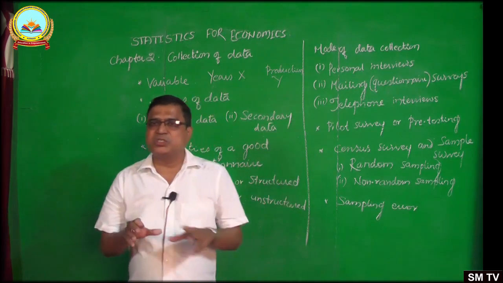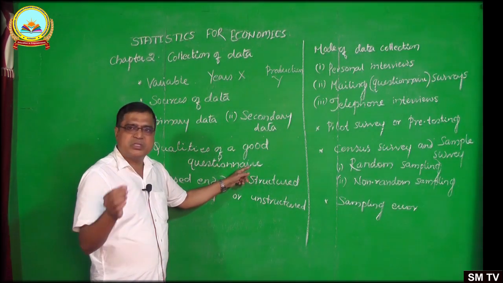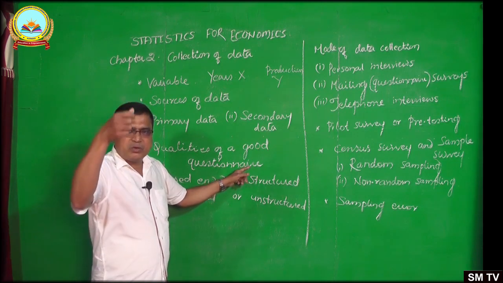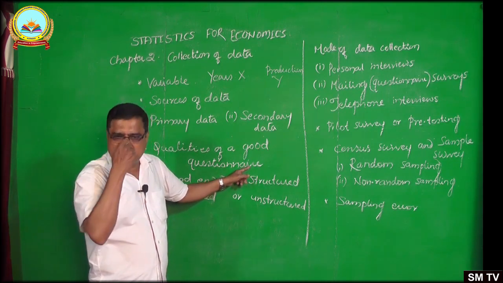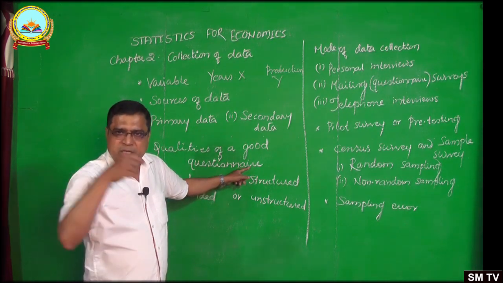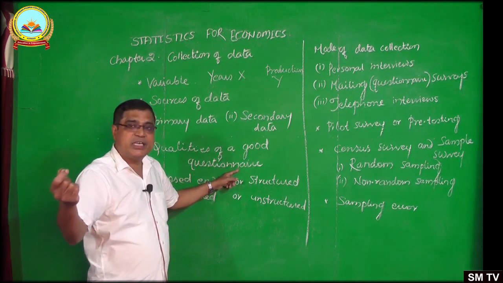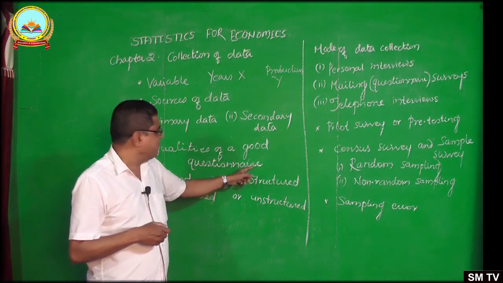The set of questions is called a questionnaire. The questionnaire is nothing but the set of questions which will be asked to the respondent by the enumerator, and the respondent has to answer the questions.